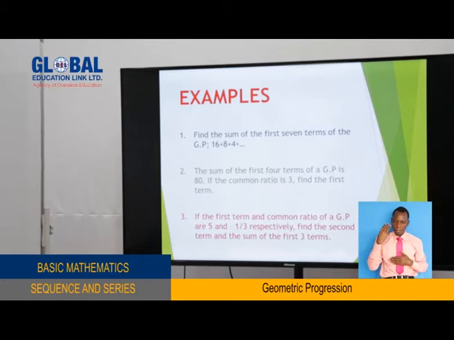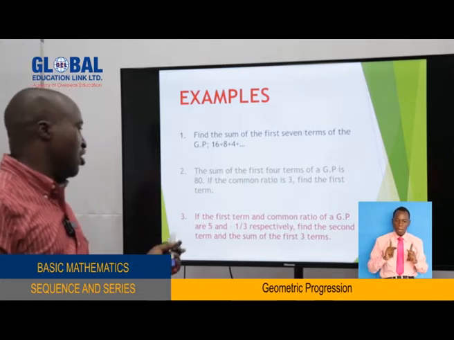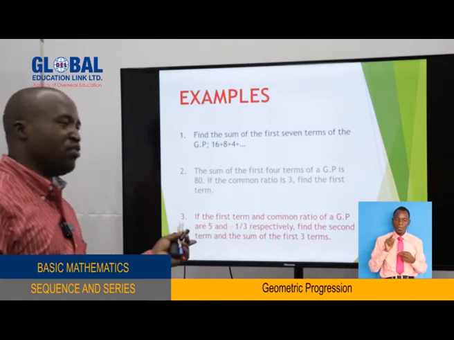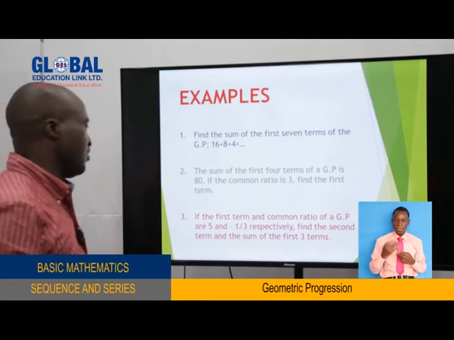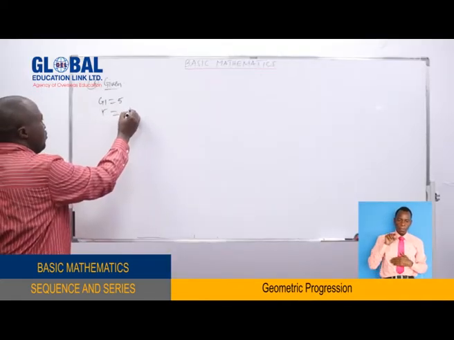Given that the first term and common ratio of a GP are 5 and negative 1 over 3 respectively. So we have the first term, that is G1, is equal to 5, and the common ratio is equal to negative 1 over 3.